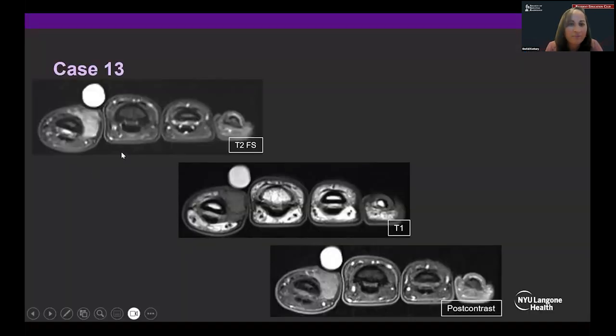So here we have on our T2 FAT-SAT image, we see a hyperintense mass that's in close proximity to the extensor tendon. It's predominantly intermediate to slightly hypointense on T1 weighted sequences, and then there's enhancement on the post-contrast sequences.